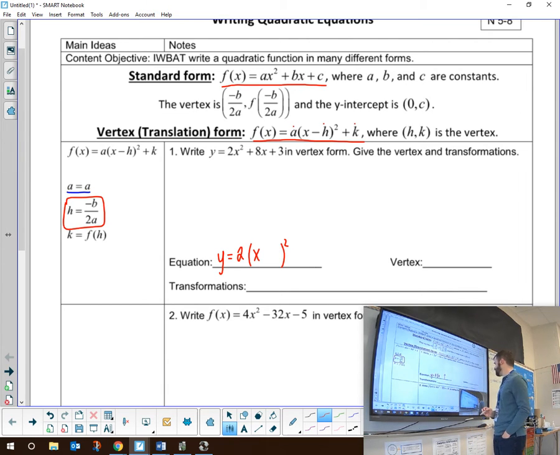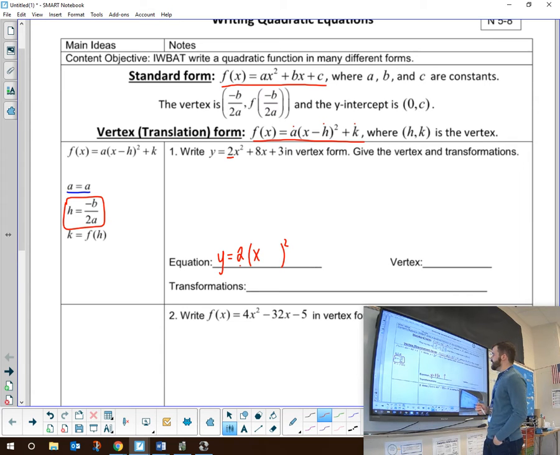My k is going to go on the outside. I just need to figure out what h and k are to put back in my equation. Notice how I put a 2 here. That's because my a is 2, and since my a is 2, that goes in front in my vertex form.